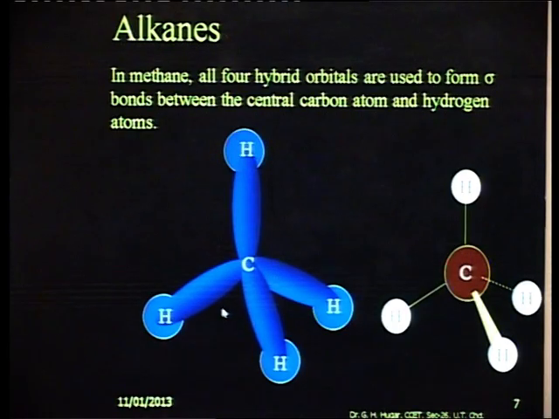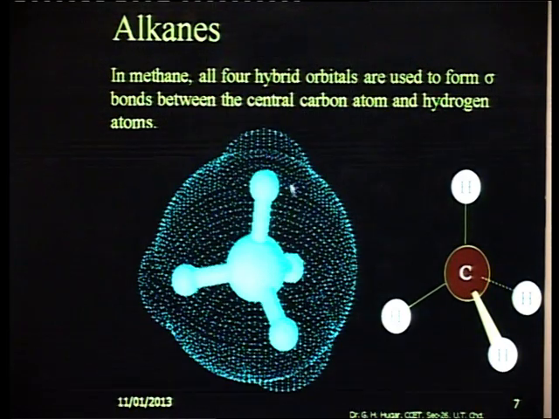The 4 sp3 hybridized orbitals overlap with 4 different hydrogen atoms to form sigma bonds, and it is an electron distribution diagram, and you have to draw this. This bond is above the plane, this is below the plane, these two bonds are on the plane, and that is the 3 dimensional figure of the alkane methane molecule with 4 sigma bonds.